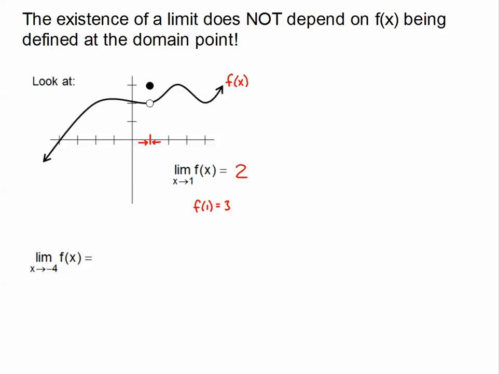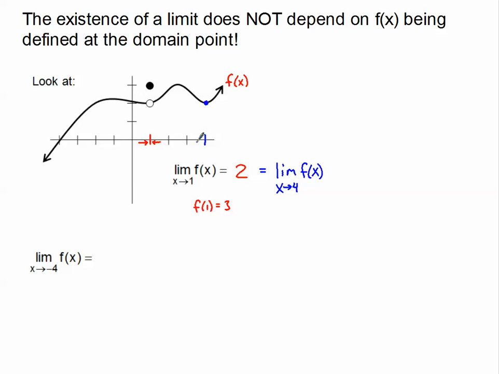Now I'd like to find another limit that's equal to 2. And I can see that this function is equal to 2 about right here again, let's say. So we're talking as x approaches 1, 2, 3, 4. So the limit as x approaches 4 of f of x is also equal to 2.